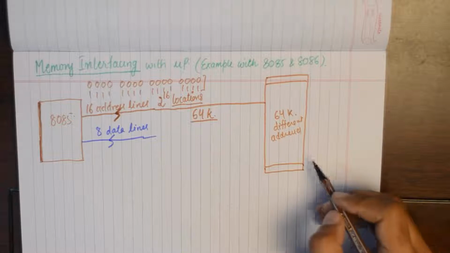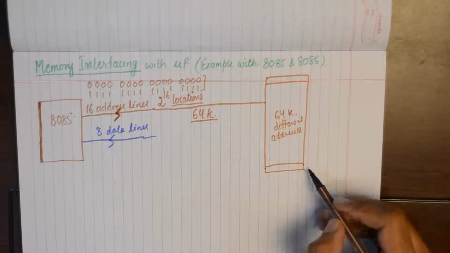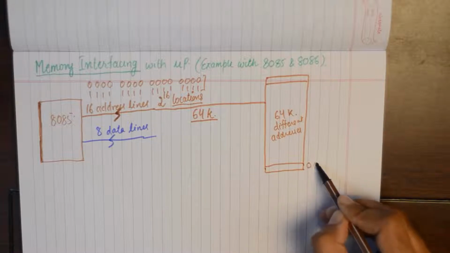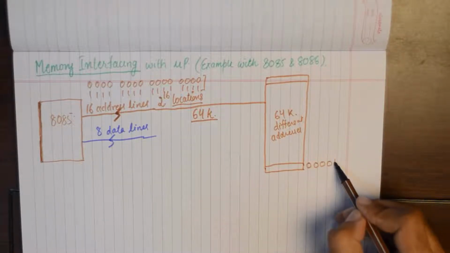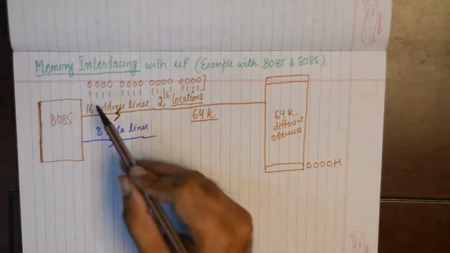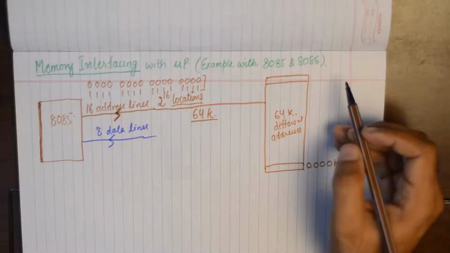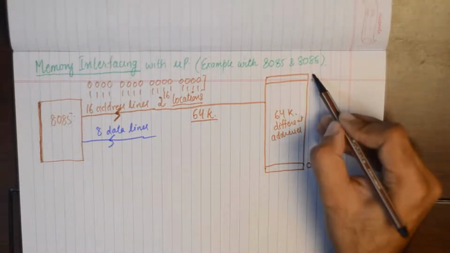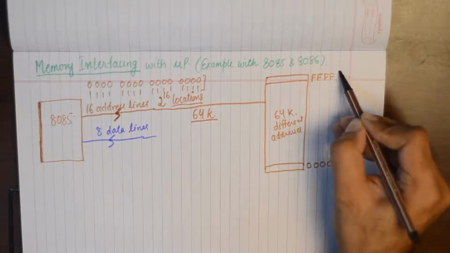Needless to mention here, the first address would be 16 zeros, which is more conveniently written as 4 times 0h, and the last address would be 16 ones, which is more conveniently written as 4 times Fh.